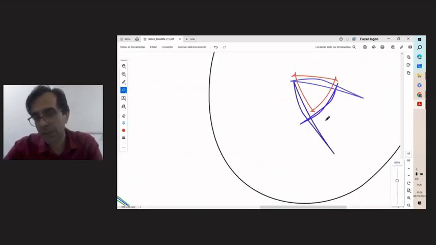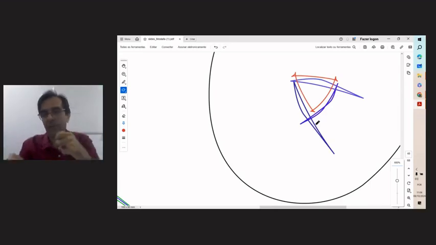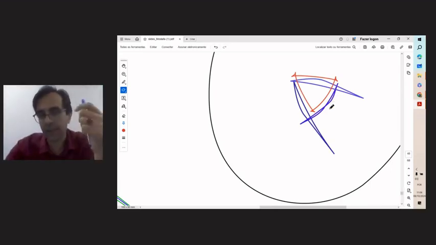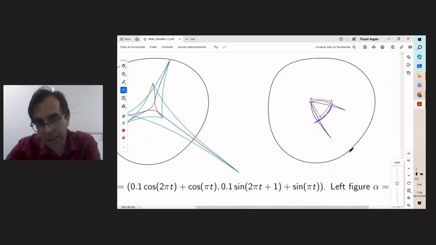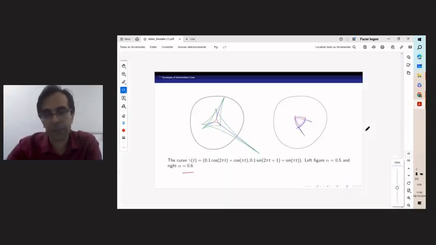As you see, this curve can have self-intersection, can have many geometries here, and the third case is the curve itself.